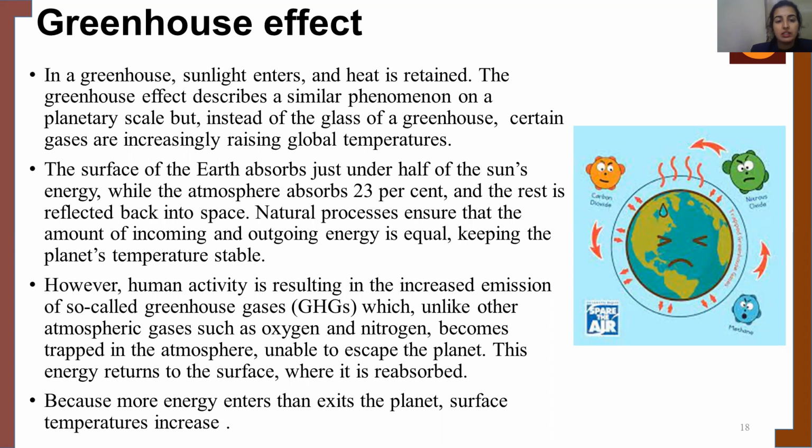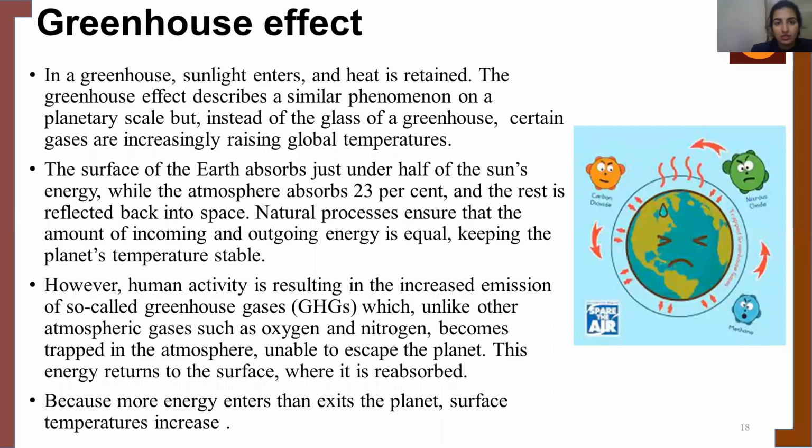In a greenhouse, the sunlight enters and the heat is retained. The greenhouse effect describes a similar phenomenon on a planetary scale, but instead of the glass of a greenhouse, here in the Earth's atmosphere, this heat is retained by certain greenhouse gases, which raises the temperature.